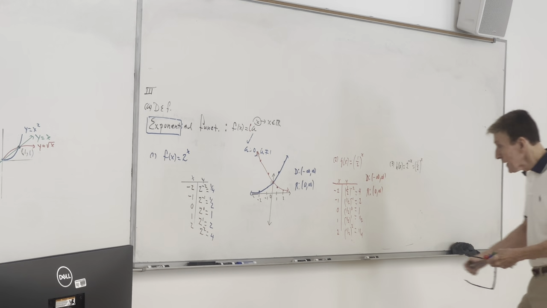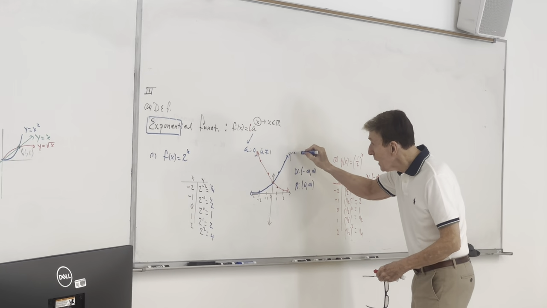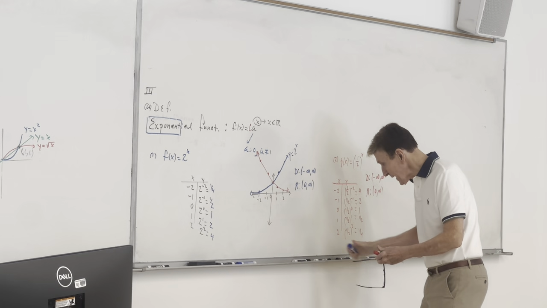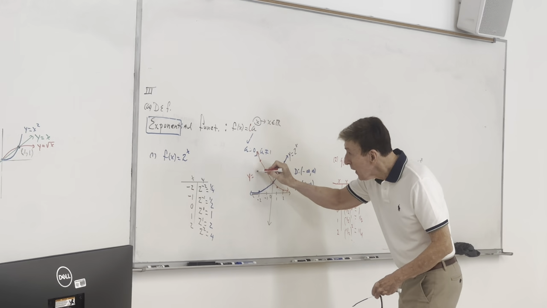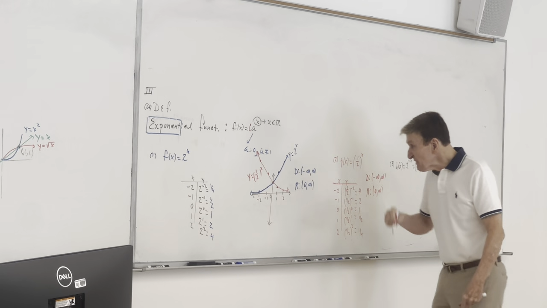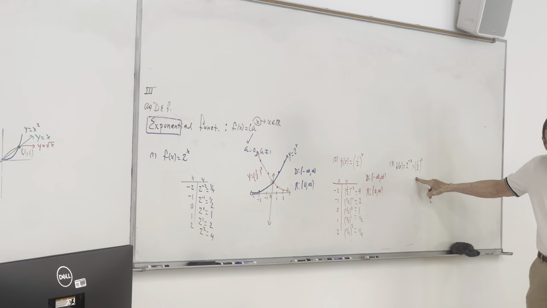So I've got this going on the blue one. And the red one, that I just finished up, was 1/2 raised to the x. And Aiden, you just told me that 2 raised to the negative x is the same as this.